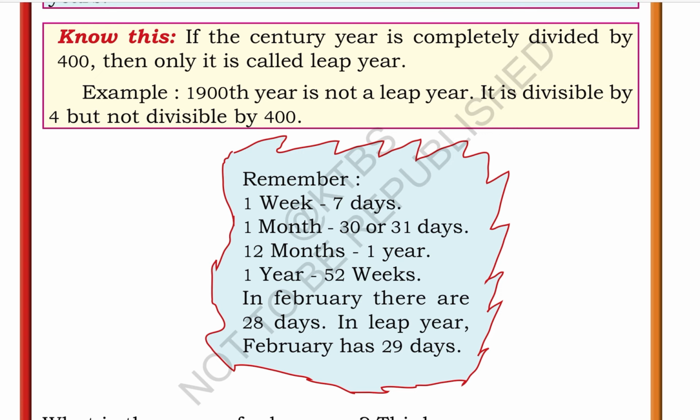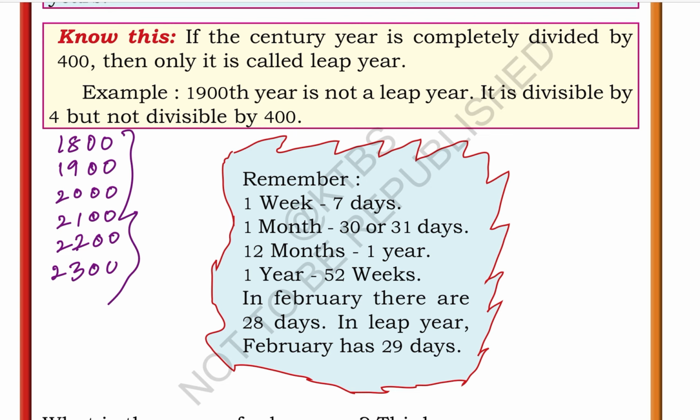If it is a century year like 1800, 1900, 2000, just go on adding 100: 2100, 2200, 2300. All these are century years.